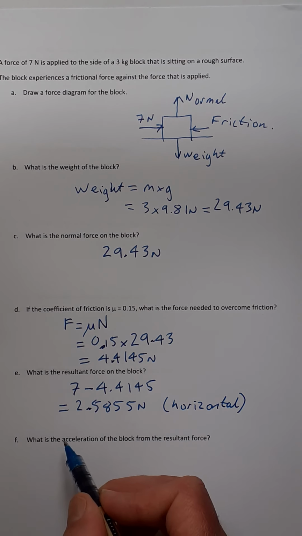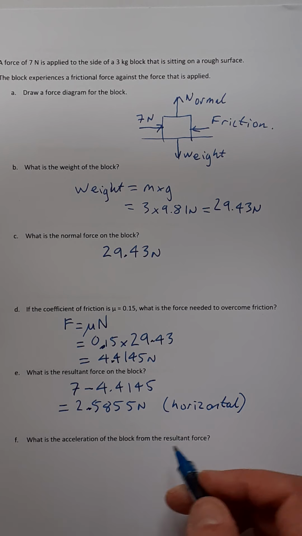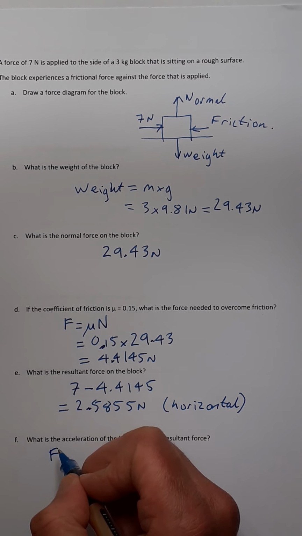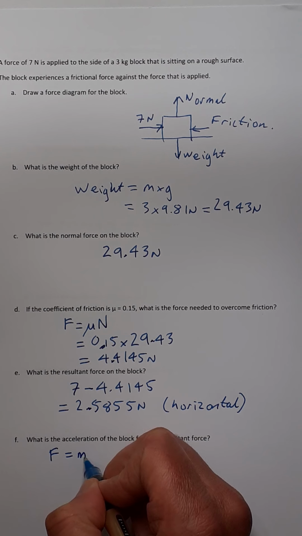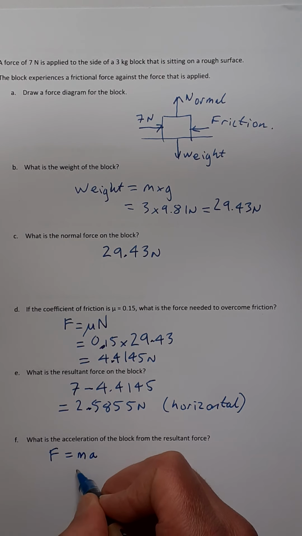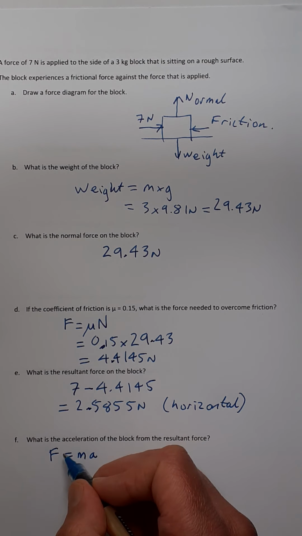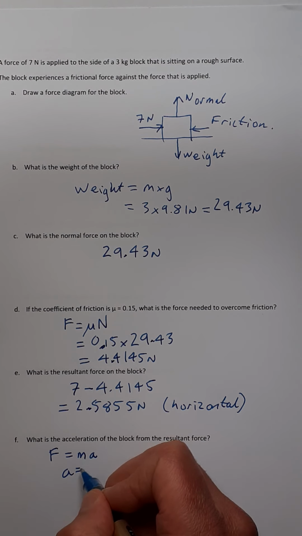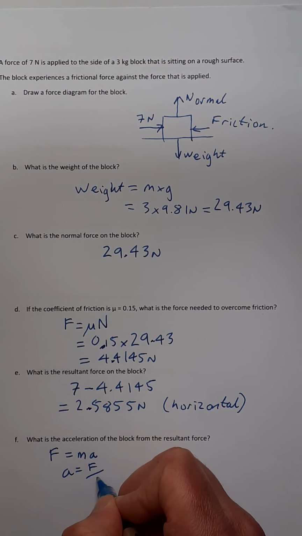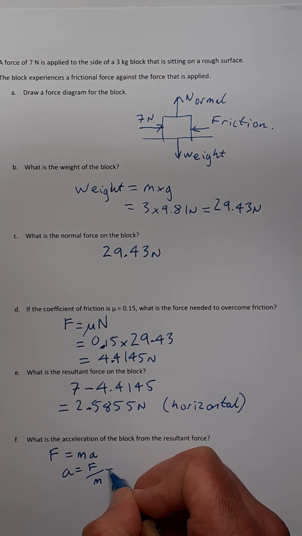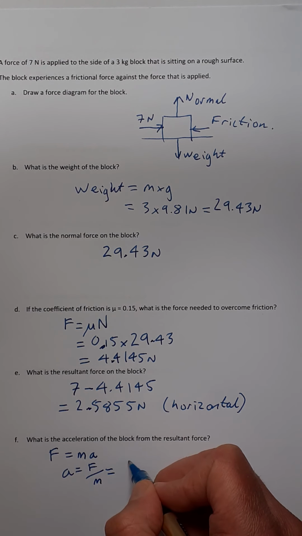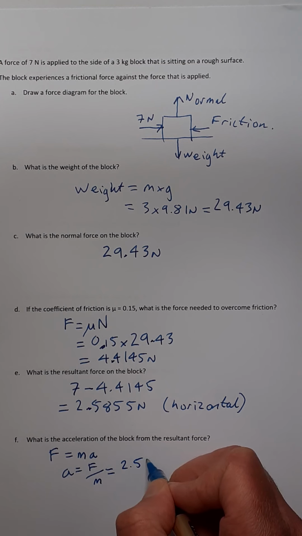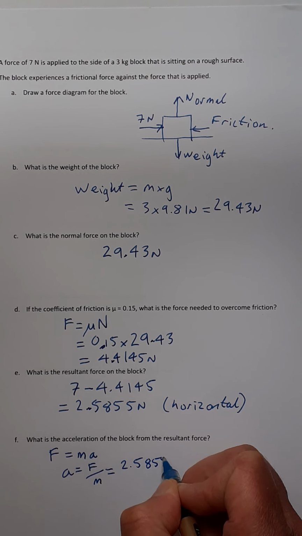Okay, and then what's the acceleration of the block from the resultant force? Well, we're going to need to apply the fact that force equals mass times acceleration. And because force equals mass times acceleration, it doesn't take a huge amount of rearranging to see that a is going to be the force, the resultant force, divided by the mass. My resultant force is 2.5855.